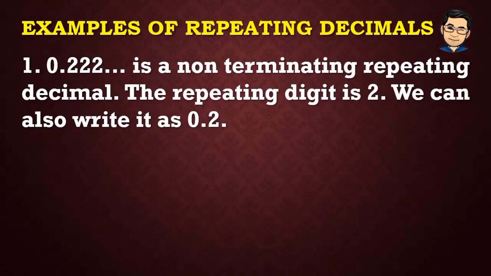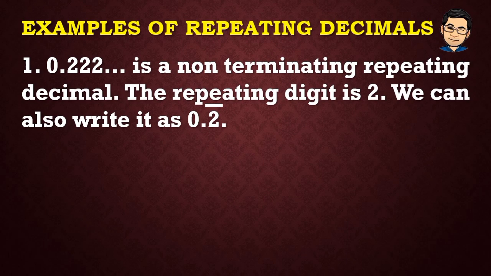So, yung una nating example, kung mapapansin nyo, yung repeating digit natin is 2. So, non-terminating siya kasi walang katapusan ang pag-ulit ng 2. And then, we can also write it as 0.2 para mas mapaikli siya. So, sulat natin siya 0.2 and then, lagyan natin siya ng bar sa taas.